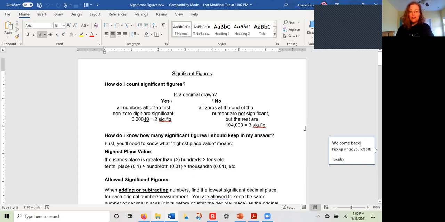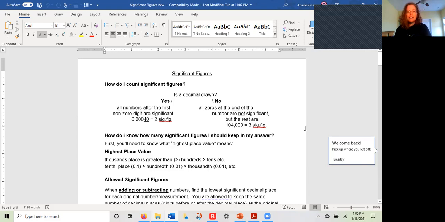At the top, this is just a review: if you have a decimal drawn, then all the numbers after the first non-zero digit are significant. For example, 0.00040, because of the decimal, the 0 at the end is significant. The ones at the beginning are not, they're just placeholders. If there's no decimal drawn, any zeros at the end of the number are not significant, but the rest are.